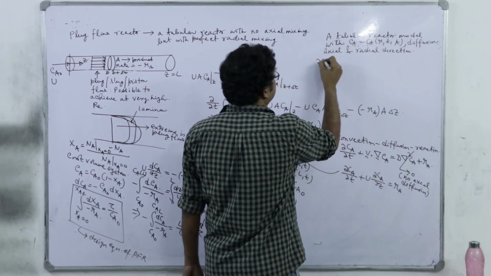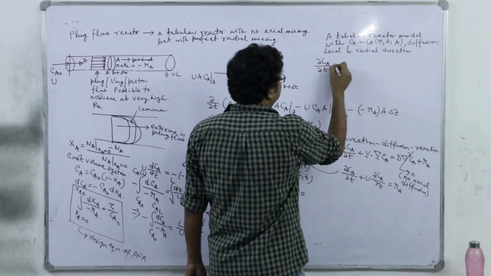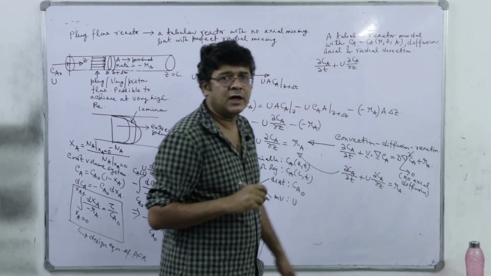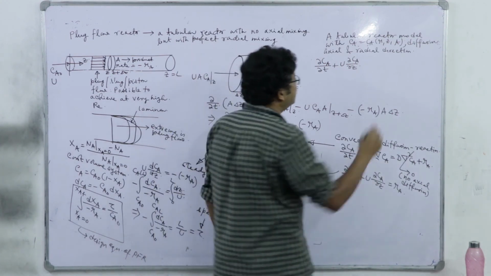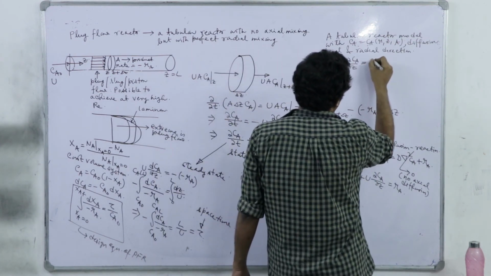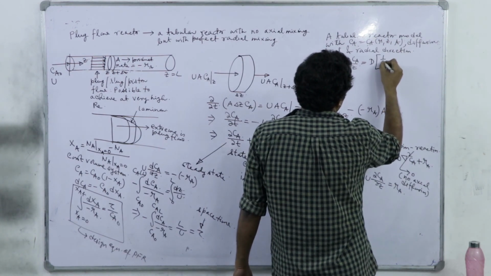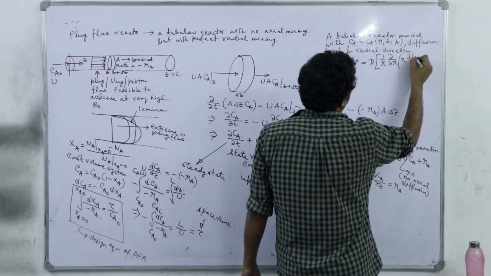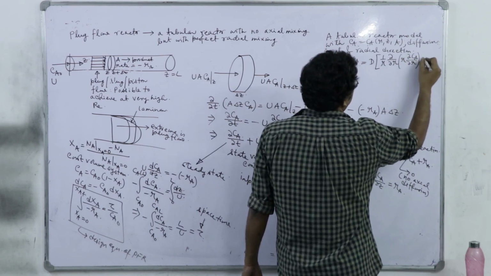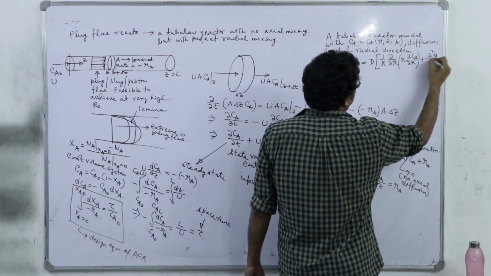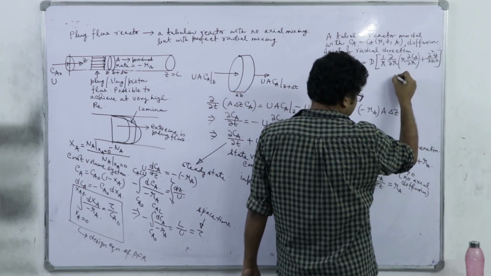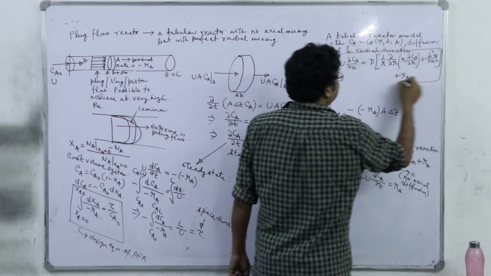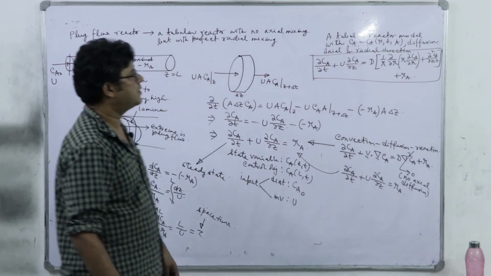There we will have ∂CA/∂t plus u ∂CA/∂z, because u is the only non-zero component of velocity. Now we have a diffusion term in cylindrical coordinates: D[(1/r) ∂/∂r(r ∂CA/∂r) plus ∂²CA/∂z²] plus RA. So that will be my equation, and we can write it directly from the convection-diffusion-reaction equation.